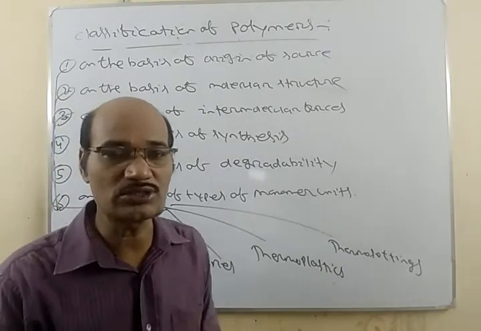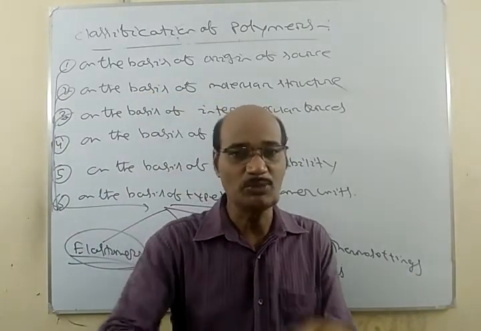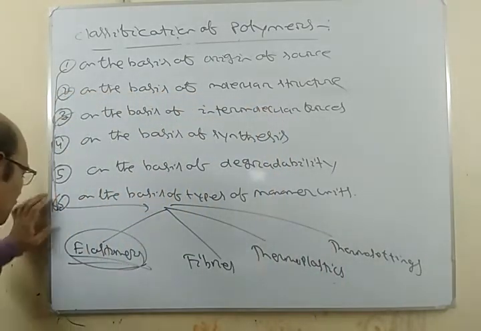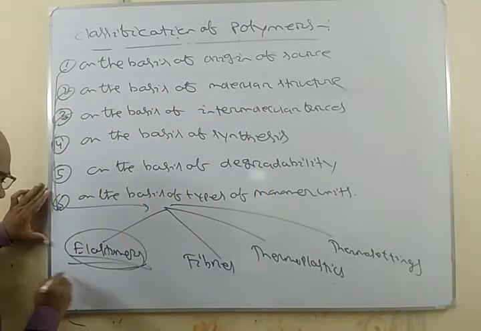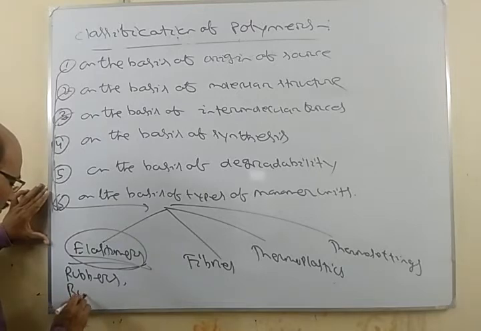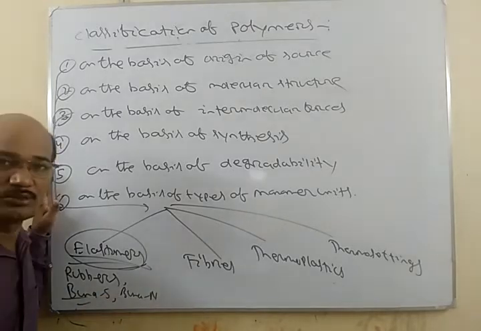If you apply force, the polymer can be stretched. Okay, and if you remove the force, again they can be reshaped. For example, natural rubber. Rubber are elastomers. Buna S, Buna N are the elastomers.